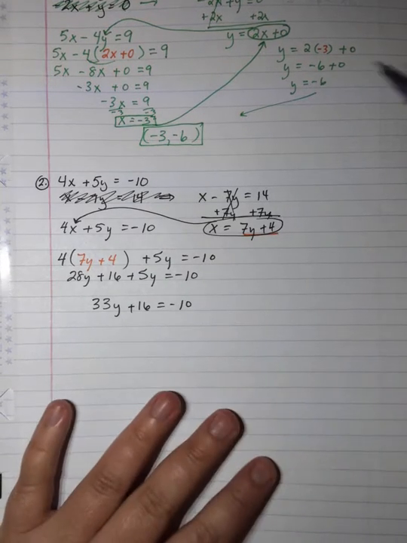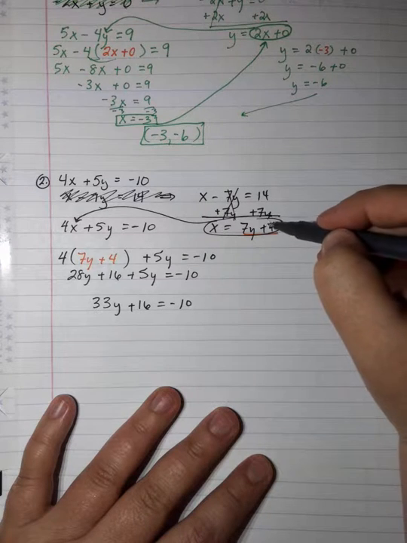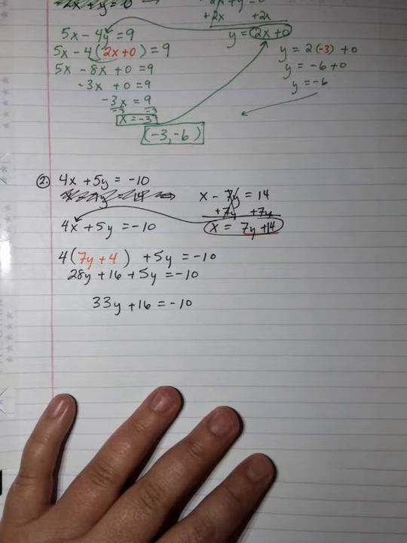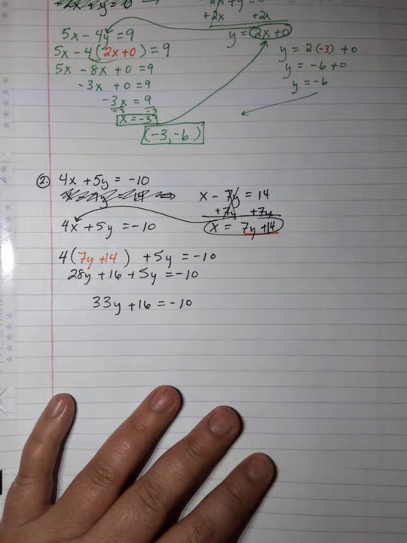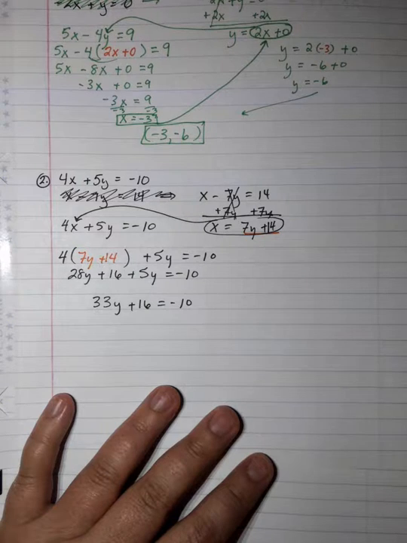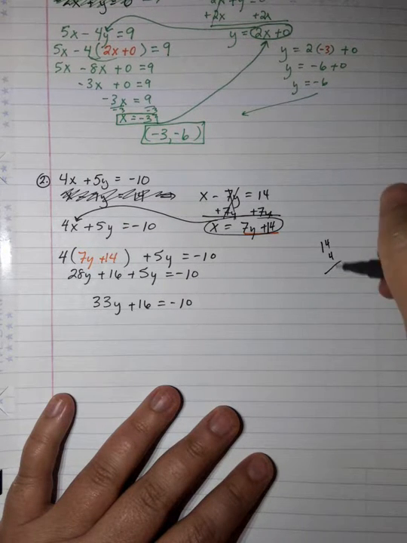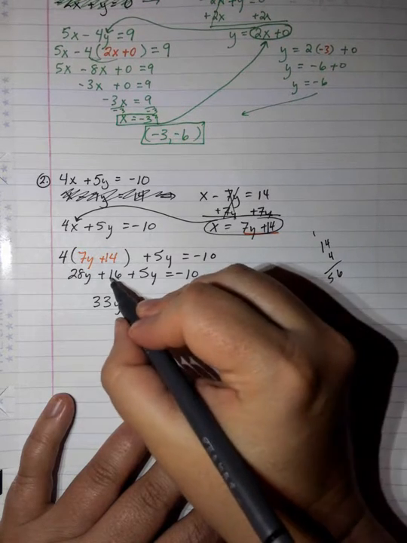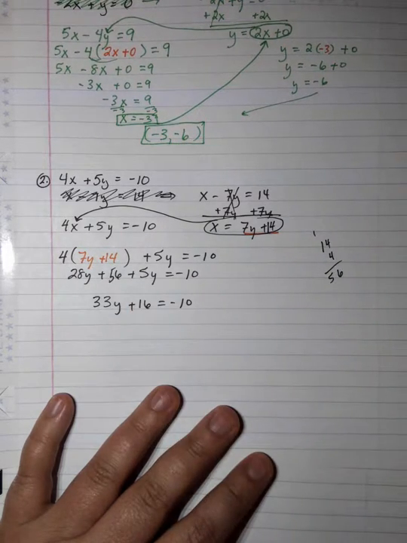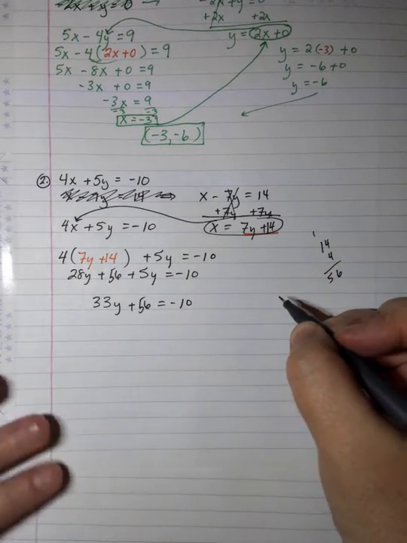Hopefully you caught it on your paper. This is not a 4. This was a 14. I didn't bring my 1 down. So this should be 7y plus 14. So I have to figure out what 4 times 14 is. I'm going to do it real quick over here on the side of my paper. So this should be a 56. There we go.